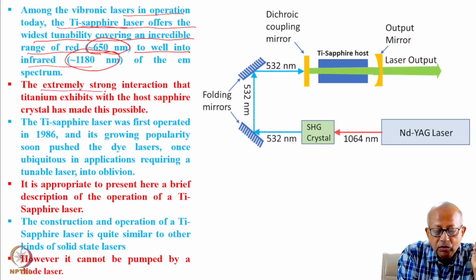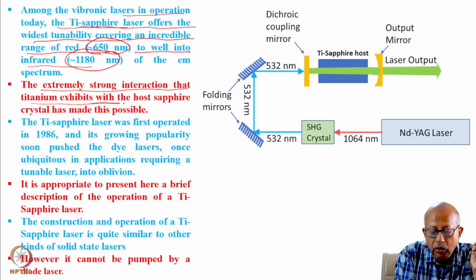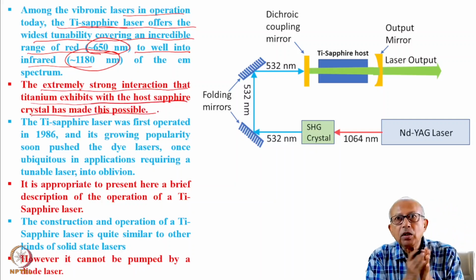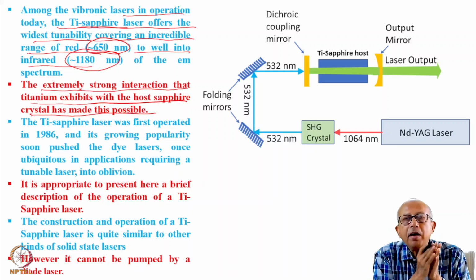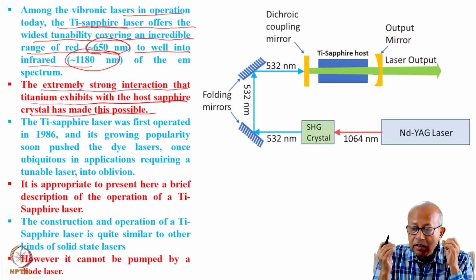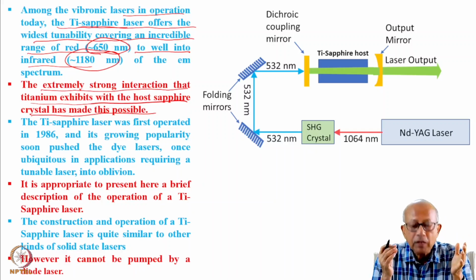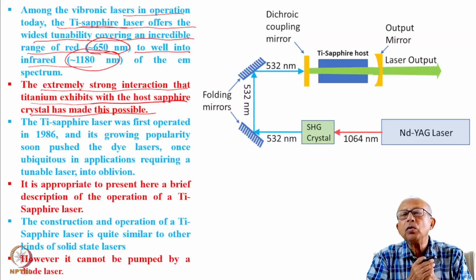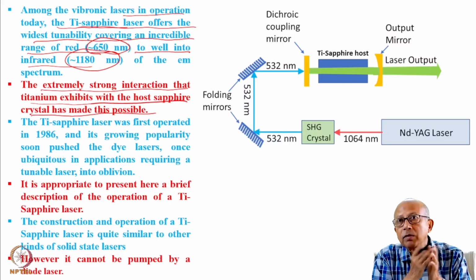The extremely strong interaction that titanium exhibits with the host sapphire crystal has made this possible. Here the interaction between the electronic energy level and the lattice vibration is extremely strong. That's why the broadening also is that much more.